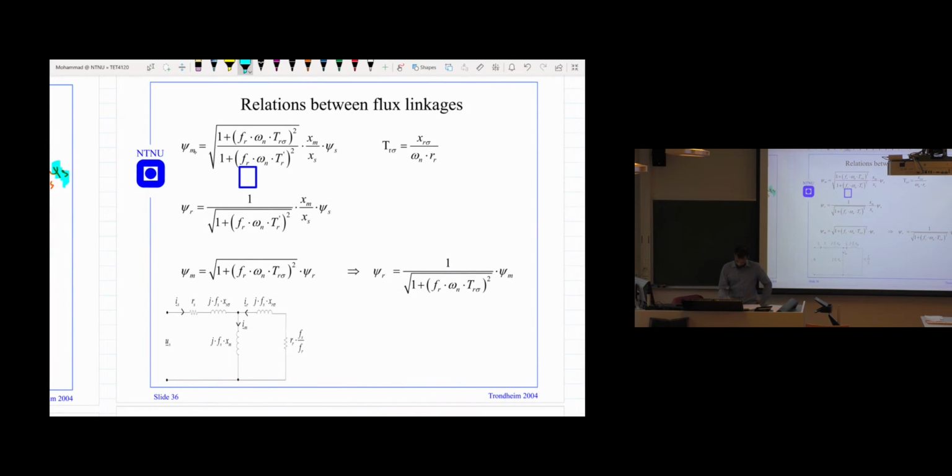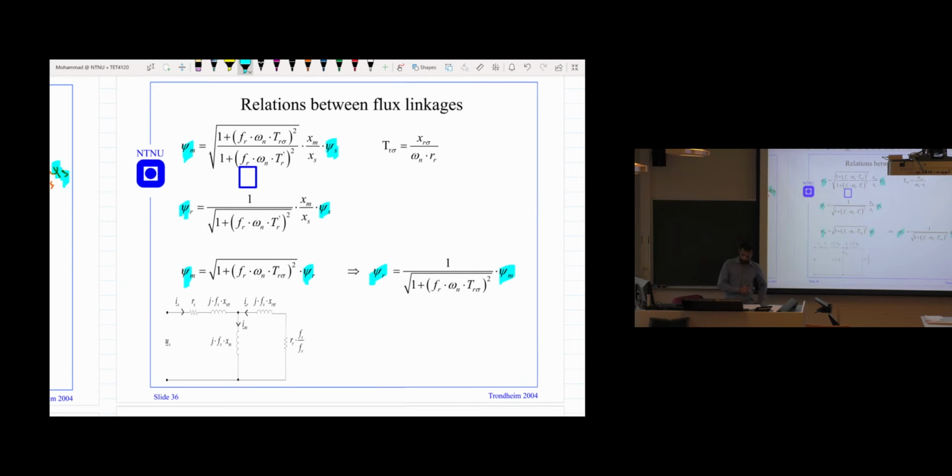The first one is the magnetizing flux, which is in terms of the stator flux. You don't need to derive all these things, but for now it's okay that we got this relation, and it comes from the circuit equation.